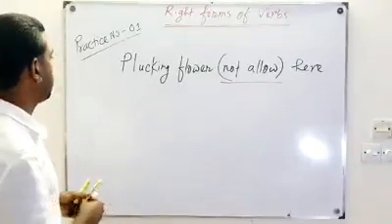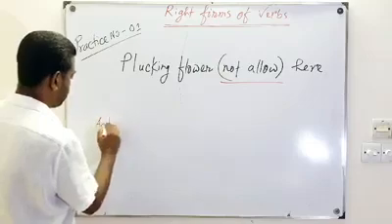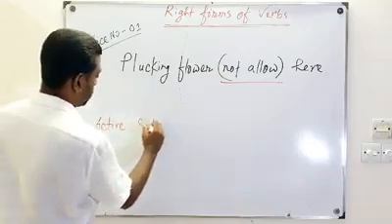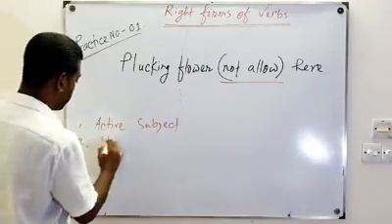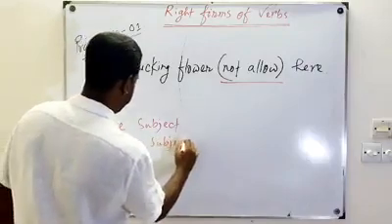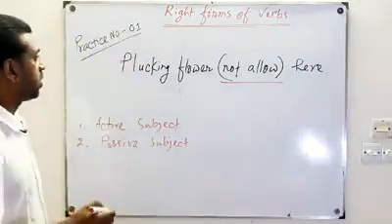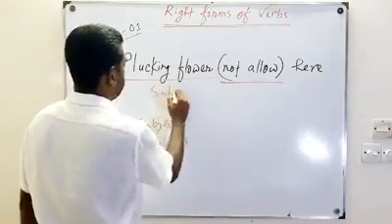Number 1, active subject. And number 2, passive. Active and passive. Yes. Here, plucking flower, this is subject.